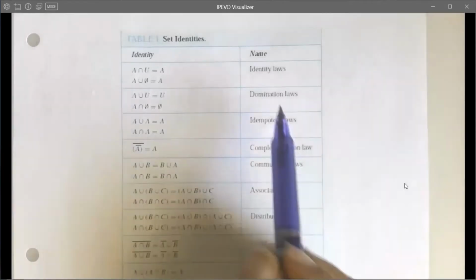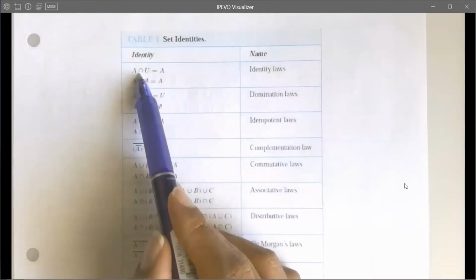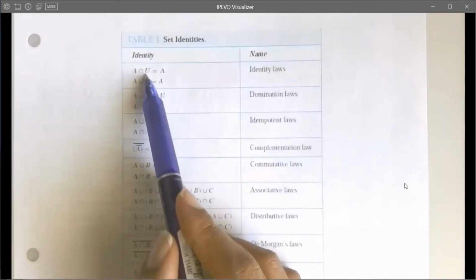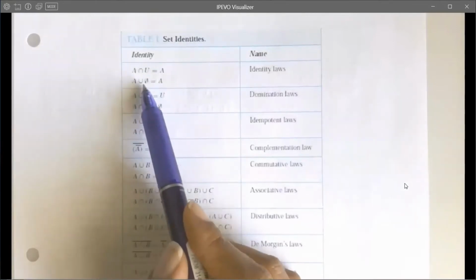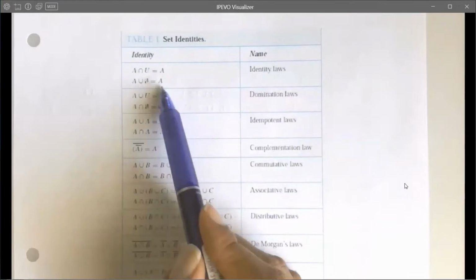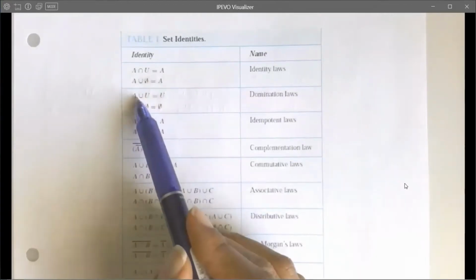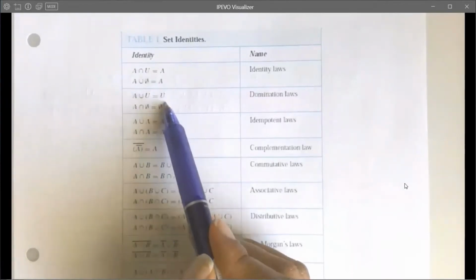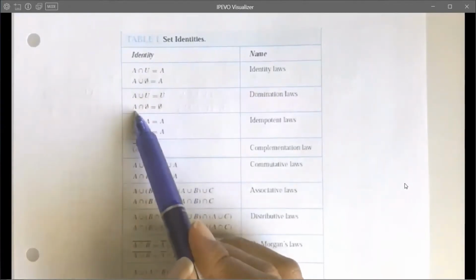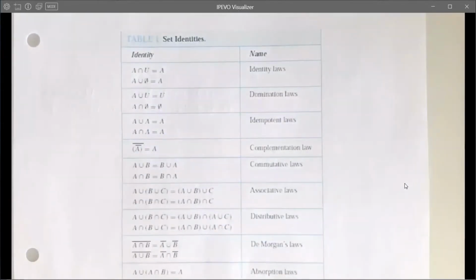And these are, for instance, the identity law that says that if you take the intersection of any set with the universal set, you'll get A, or that if you take the union of the empty set with any set, then you'll get A. We have domination laws where if you take A union the universal set, we're going to get universal. If you take the intersection of any set with the empty set, then that's going to be the empty set.